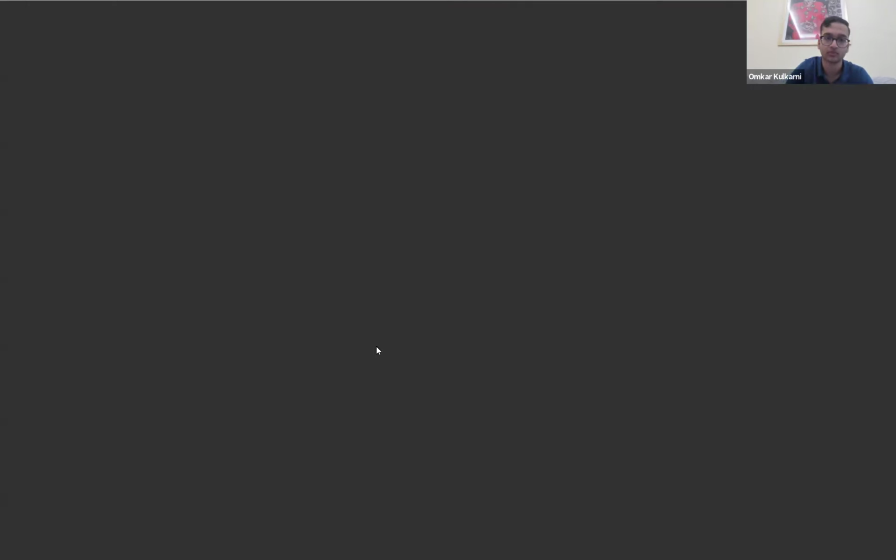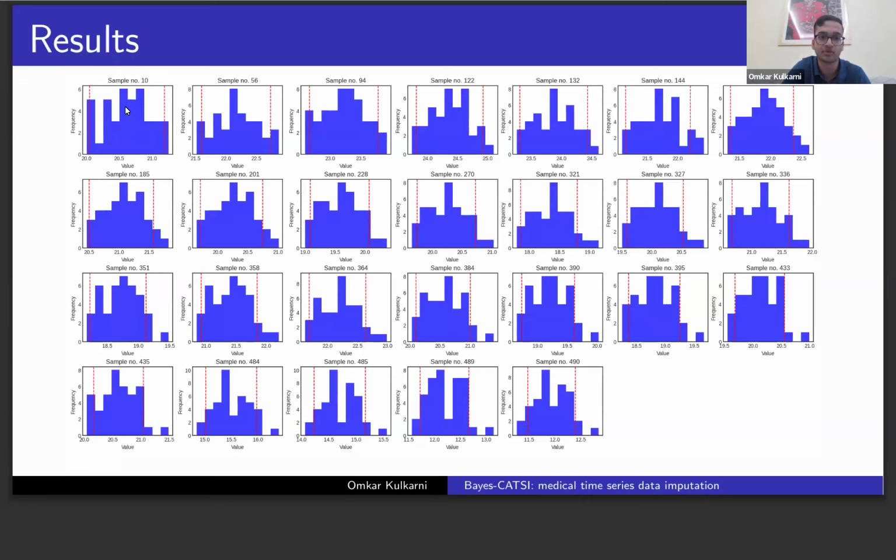So here we basically give the viewers an idea of the outputs of the imputed values given by the Bayes-CATSI model, where sample number represents the sample number in the previous plot here.